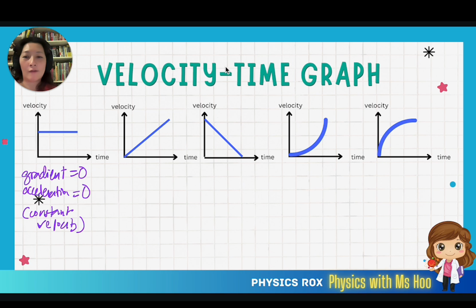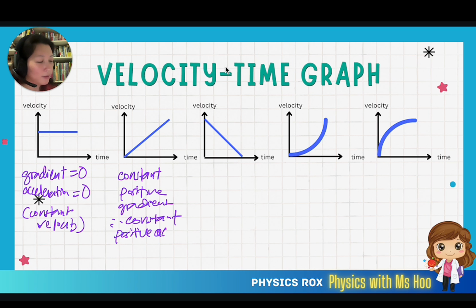For the second graph, we have a constant gradient that has a positive value. So constant positive gradient means constant positive acceleration, which should make sense because if an object is accelerating, it means its velocity is increasing.